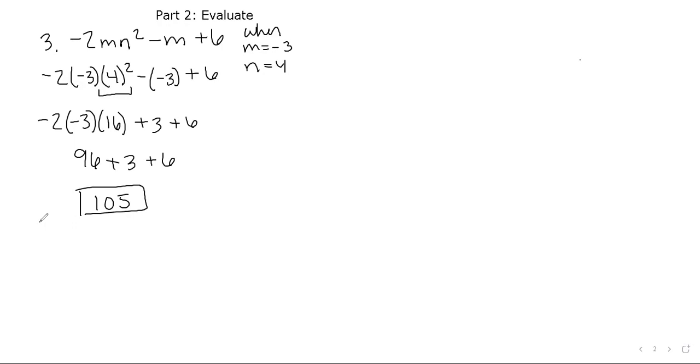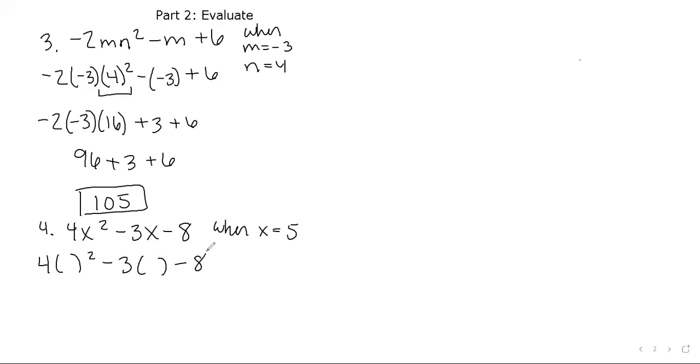Let's look at number 4. We got 4x squared minus 3x minus 8 when x equals 5, okay? So, for this one, I'm going to do my little trick. We're going to leave the gap, okay?